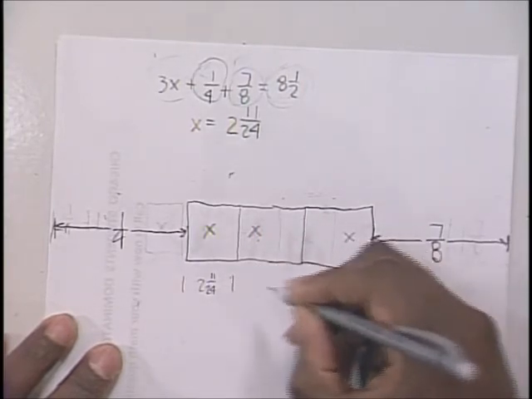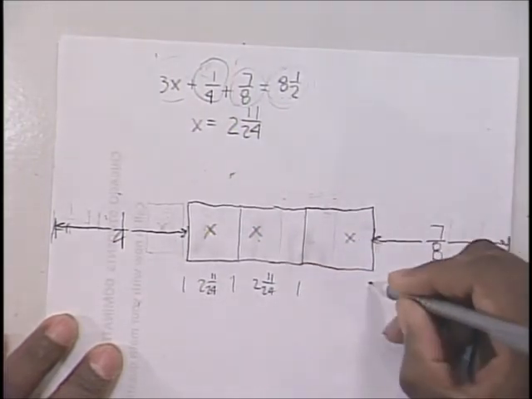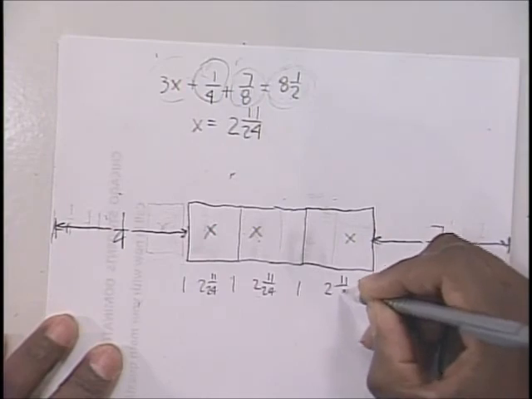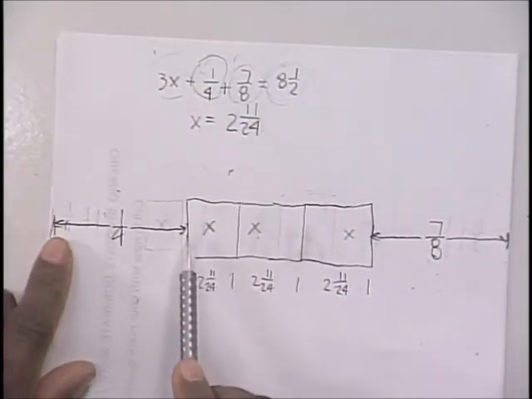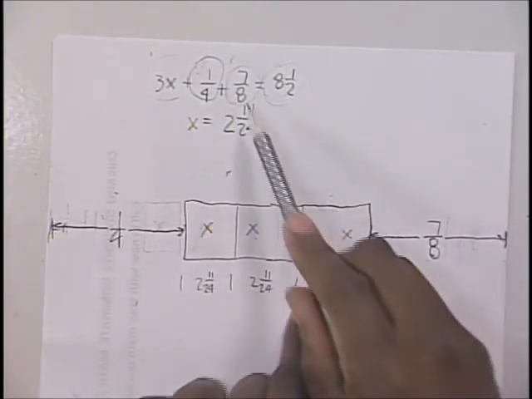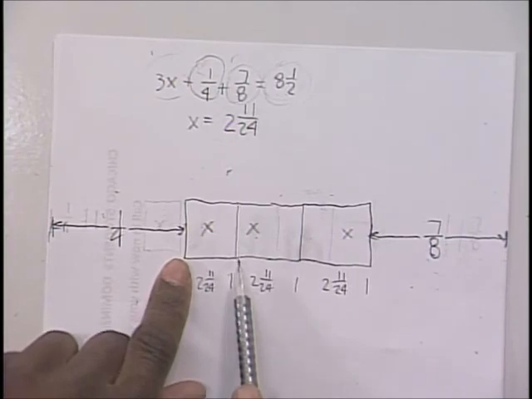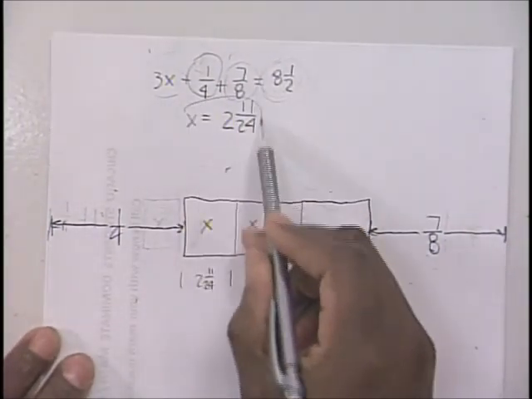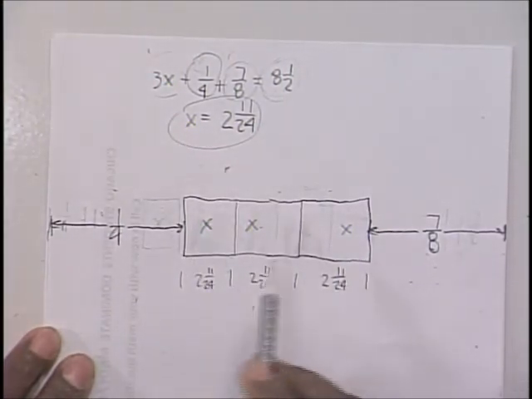This picture here would have to be 2 11/24, and this picture here would have to be 2 11/24. We've got one border at 1/4 and another border at 7/8. If you wanted these pictures to be the same width all the way across, what we just calculated is the width that each picture would have to be.